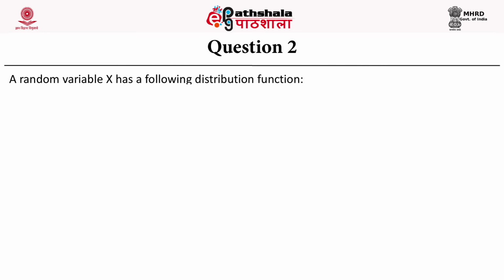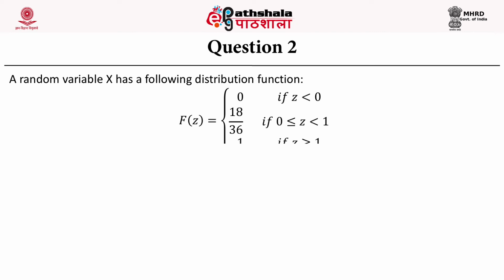A random variable x has the following distribution function. It takes value 0 when z is less than 0, 18 by 36 when z lies between 0 and 1, and 1 when z is greater than or equal to 1.